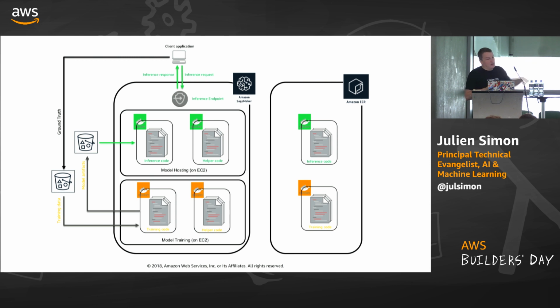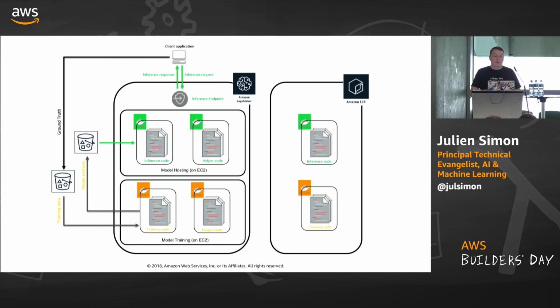And again, SageMaker is going to create all of that, pull the right container, inject your model, create the prediction endpoint, all fully managed. And you can use that endpoint to perform predictions. It is really HTTP posting your data to the endpoint and getting back results. So that's how it works.